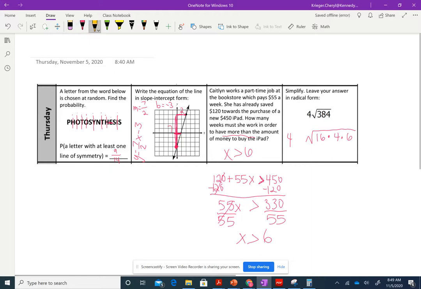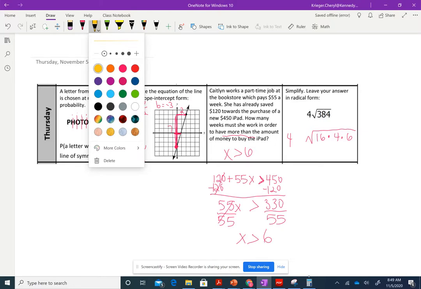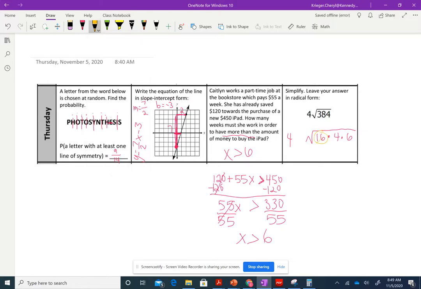So I have a perfect square here. This comes out as a 4. And I have a perfect square here. This comes out as a 2. So I'm actually doing 4 times 4 times 2, and then the square root of 6 is my remainder. So 4 times 4 is 16, and 16 times 2 is 32. So I have 32, and then the square root of 6 is my remainder.